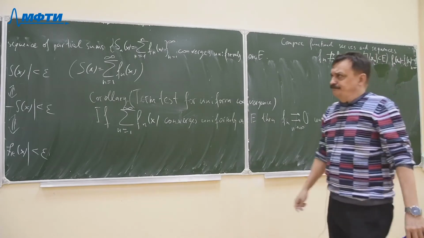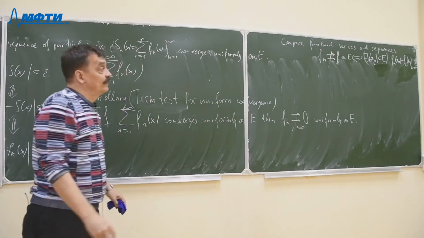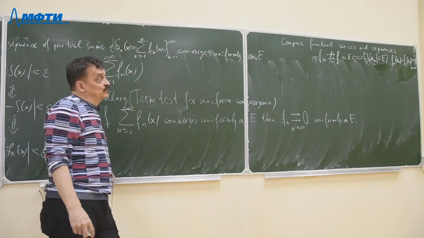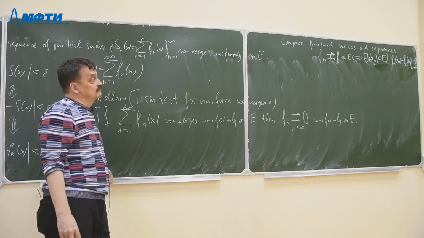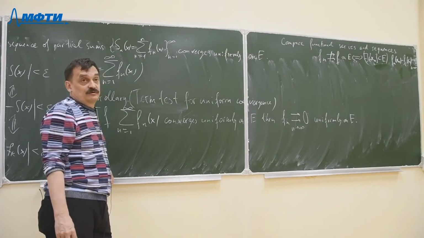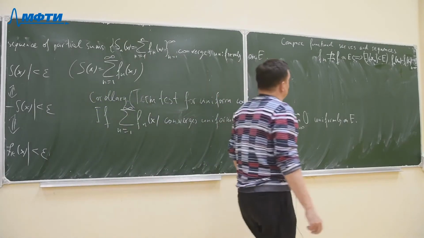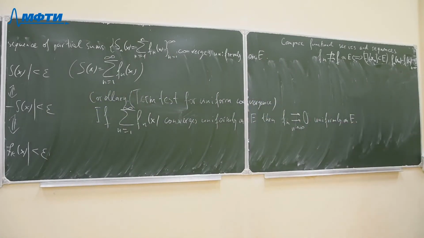That is a very popular condition to prove the absence of uniform convergence of a sequence. So if you want to prove that a functional sequence doesn't converge uniformly, then you find a sequence of points such that the difference between f_n and f doesn't tend to 0 at those points.